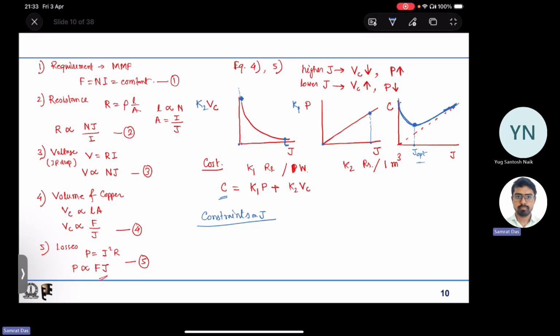One is, if you go to higher and higher j, then the losses become quite high. And if the losses become more than a certain value, then it becomes difficult to dissipate that loss. So there is always a thermal limit. So one constraint is the thermal limit.